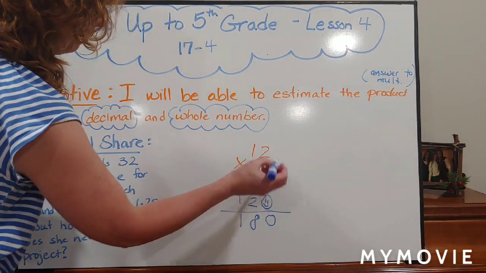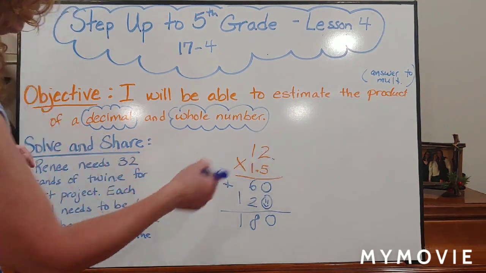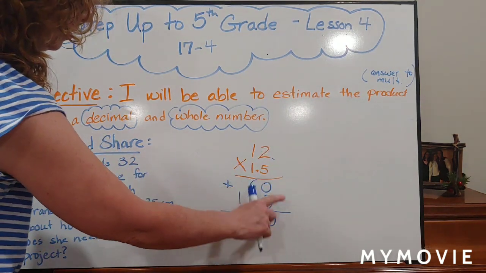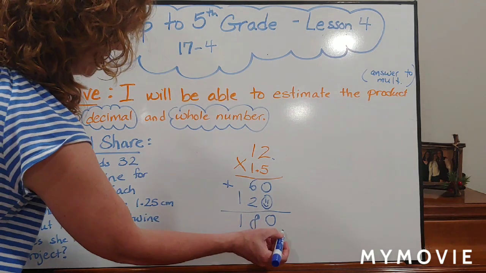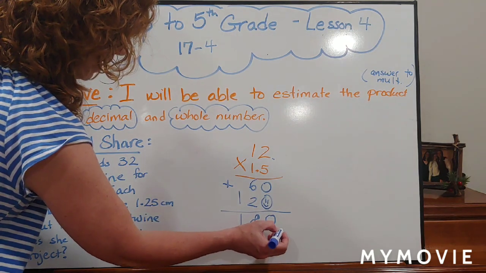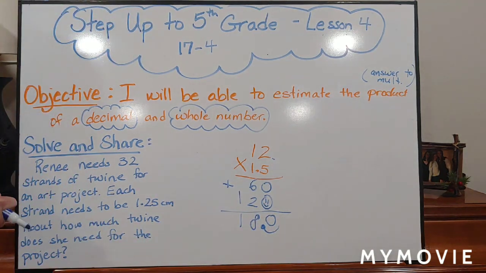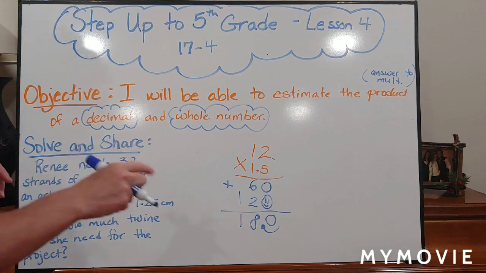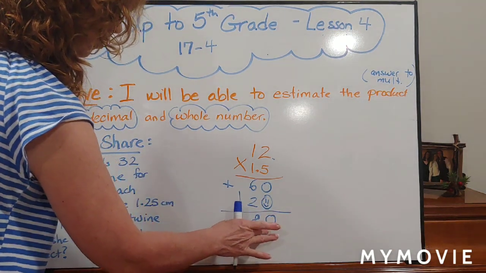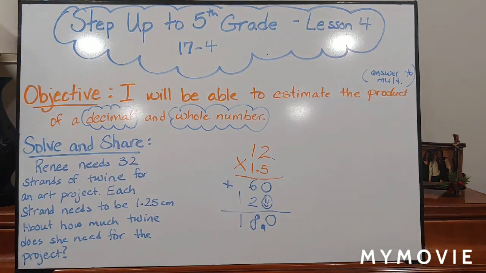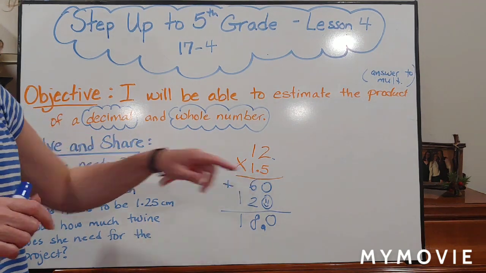Because this is where the decimal point would be here, so that has no numbers there. So one number. So we go down to our answer, and this is where the decimal would be assumed, and we're going to move it over one number. So our answer is 18.0. So whenever we multiply something, we're going to count how many places to the right.